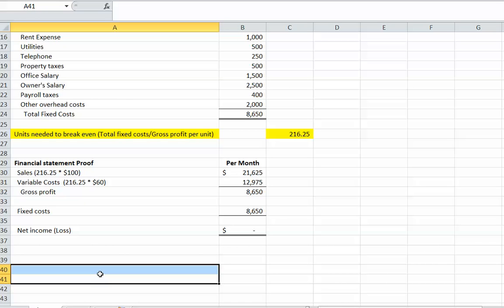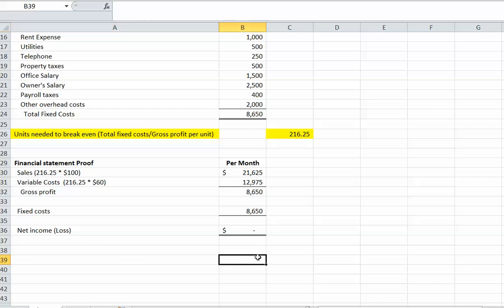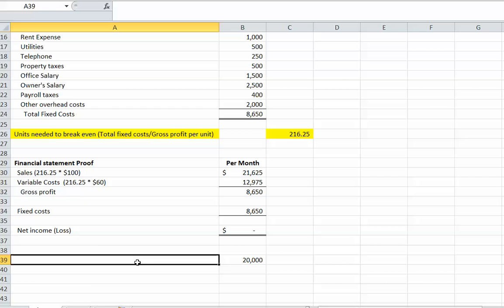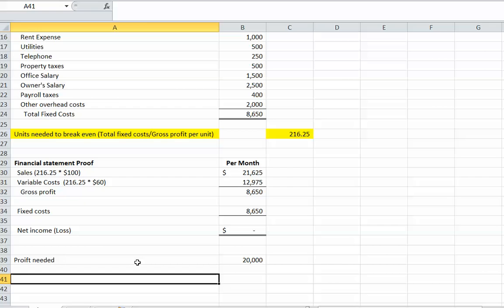You can easily say, all right, I want for each month a $20,000 net profit. And this is the profit I want. Now what I can do is take the fixed cost plus the profit needed, and divide that by my gross profit per unit.